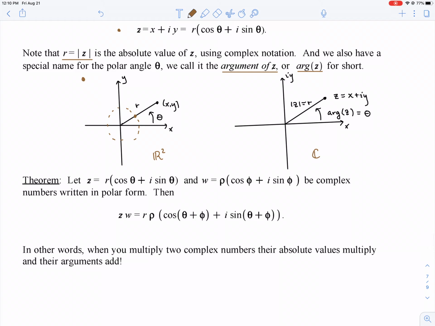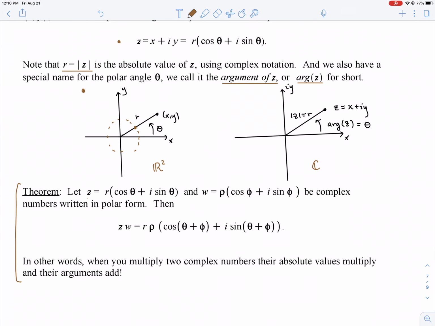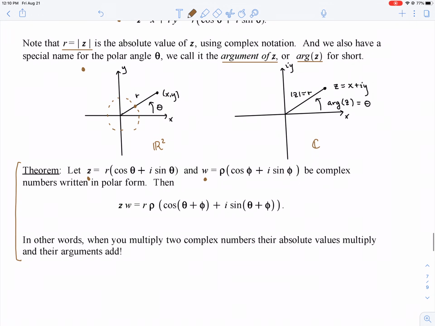Okay, so here is the geometric meaning of multiplication. If you've never seen it before, it's pretty cool. So if you have two complex numbers, z, which has polar coordinates r and theta, and w, which has polar coordinates rho and phi, then for the polar coordinates of z times w, the radius is r times rho.